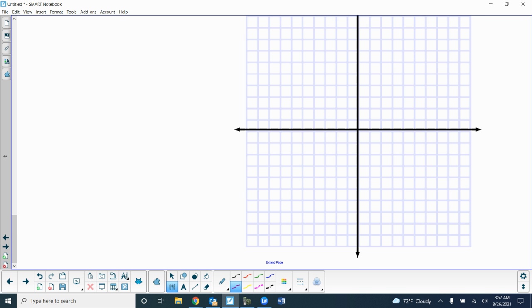All right, so one equation is 2x minus 3y equals negative 13. All right, so the way we've been graphing is getting y by itself, right? Solving for y. So I'm going to subtract the 2x and then divide by negative 3.